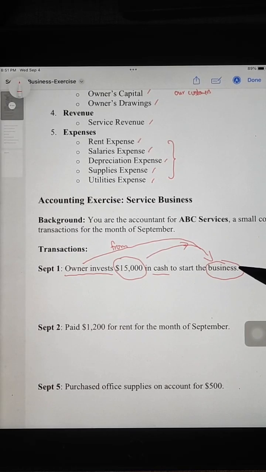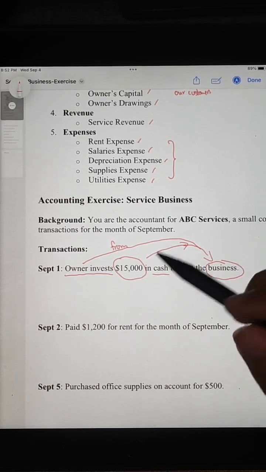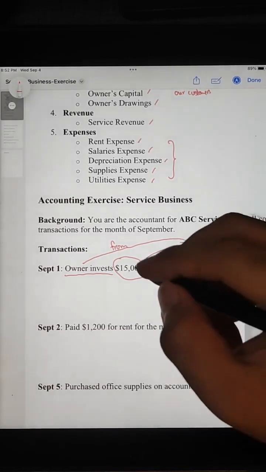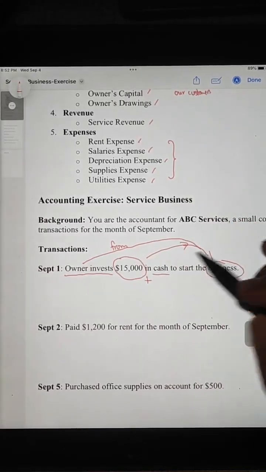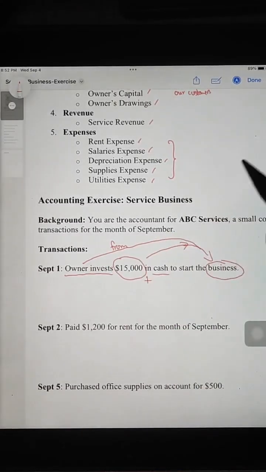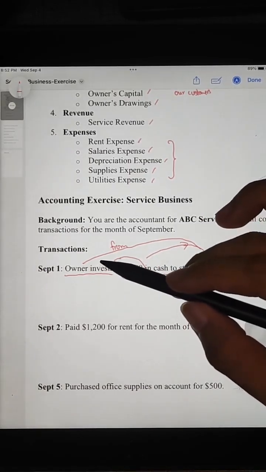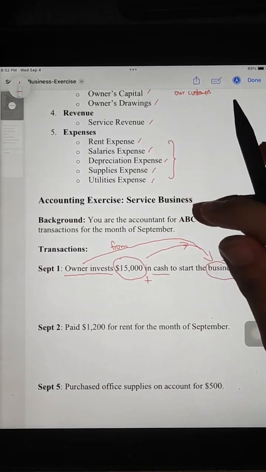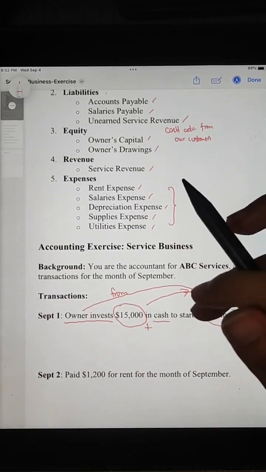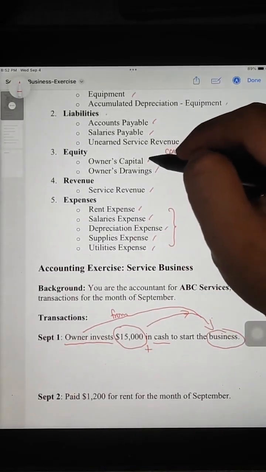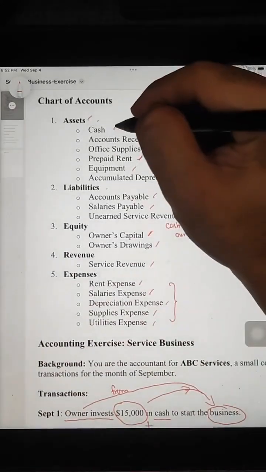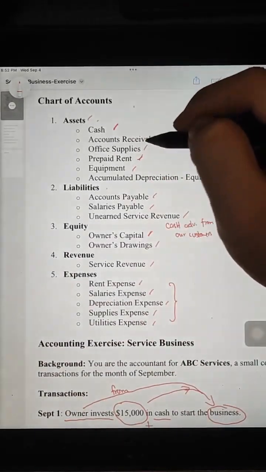Therefore, for the accounts that were affected, specifically cash, our cash increased by 15,000. And since the cash came from the owner, that represents equity. So the specific accounts that we'll be using for September 1 would be capital and cash. Cash increased.